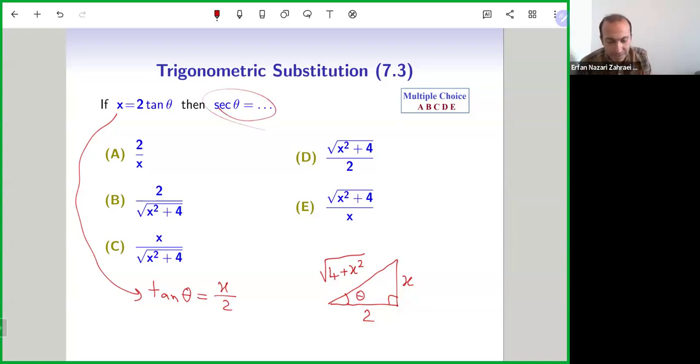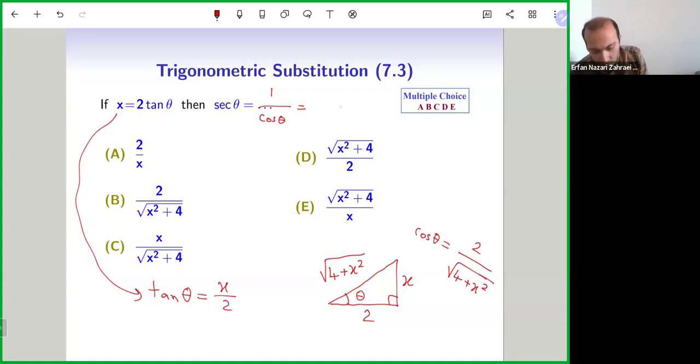Now let me read what is secant theta. Secant theta is 1 over cos theta, and let me read cos theta from this triangle. What is cos theta? Cos theta is adjacent over hypotenuse. So it's 2 over root 4 plus x squared. So this is cos theta. Let me replace it here to find secant theta.